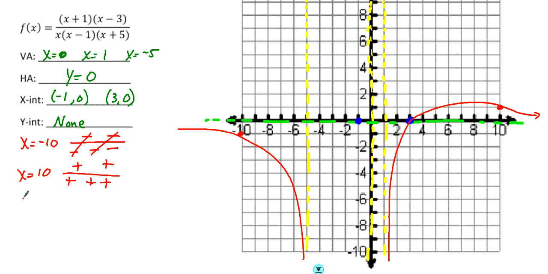And then we're going to do x equals -2. We plug in -2, we get negative, negative on top, negative, negative, positive on bottom, which nets positive. So here we're at positive, which means it looks like that.